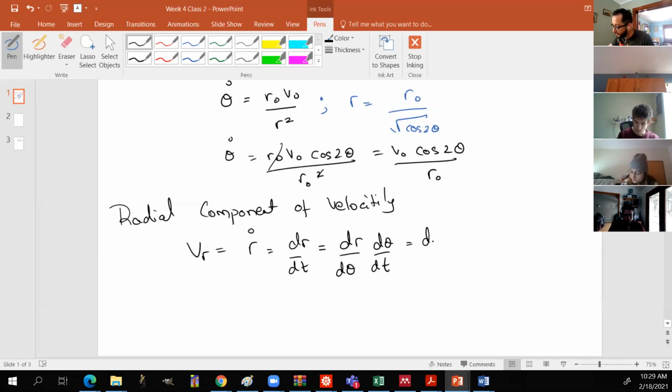So this is just equal to dr over d theta times theta dot. If you plug in for what we found, so that's just equal to v naught times, well, you know what? Let's just keep theta dot as it is for now. So you have theta dot and then dr over d theta, we can find out, right?